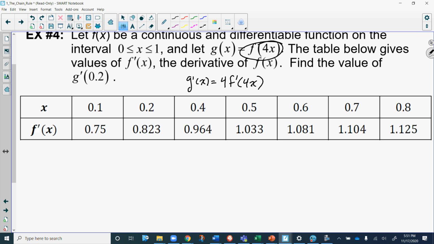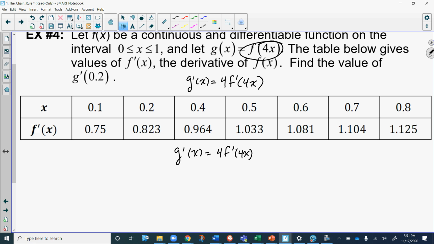So that's what I'm going to get when I take the chain rule and take the derivative of the f of 4x to get the expression for g prime of x.